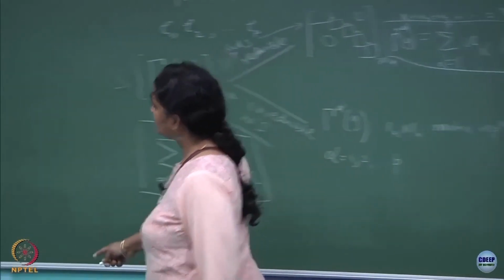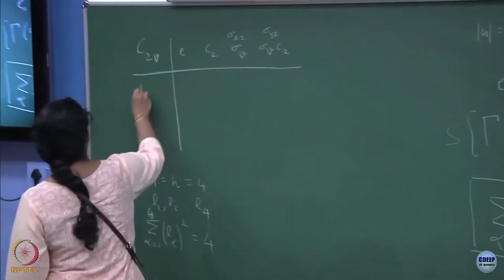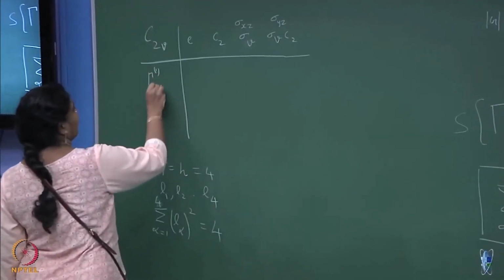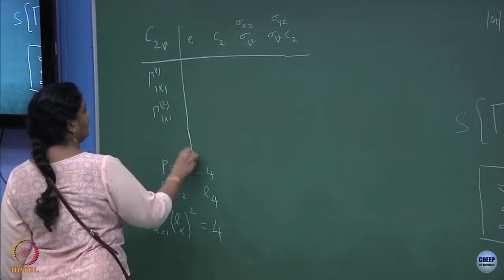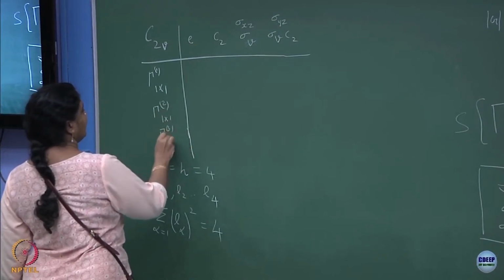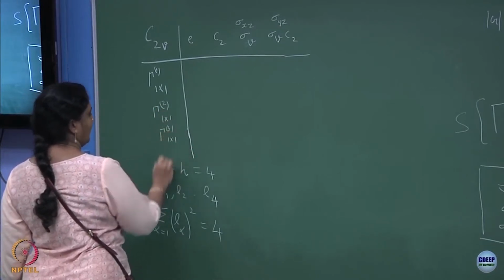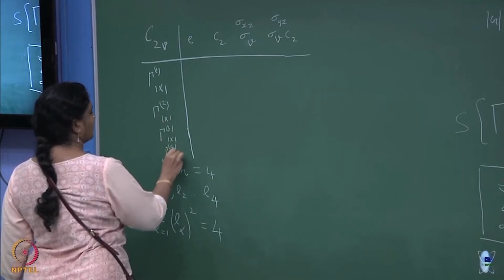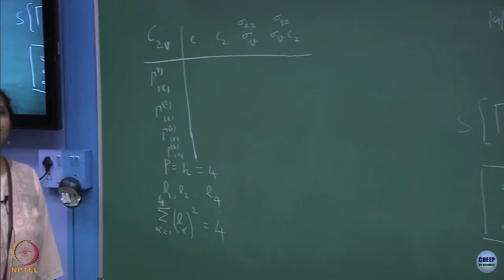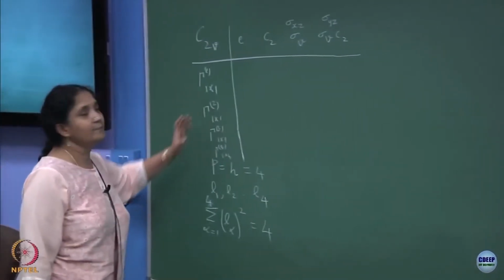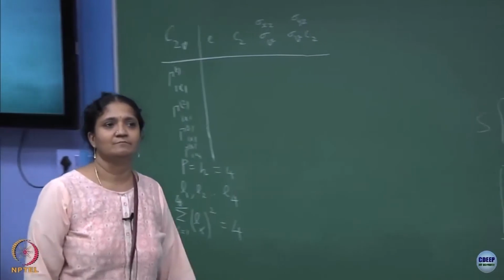So, the solution is that you can have gamma 1 which is 1 cross 1, gamma 2 which is 1 cross 1, gamma 3 which is 1 cross 1, and gamma 4 which is 1 cross 1. Okay. Each of the 4 irreps has to be only 1 dimensional.